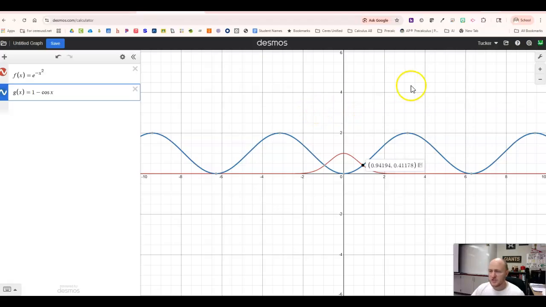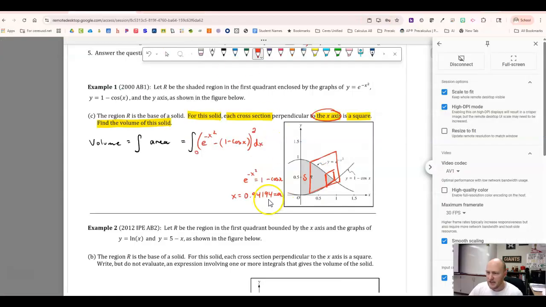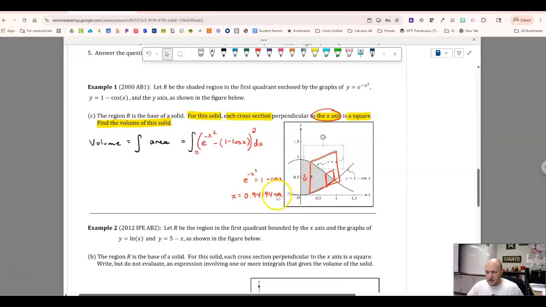Using my graphing technology, I graphed both functions here, and we can see the intersection is at x equals 0.94194. I'm going to use all of those digits, and I'm going to call it A in my problem.